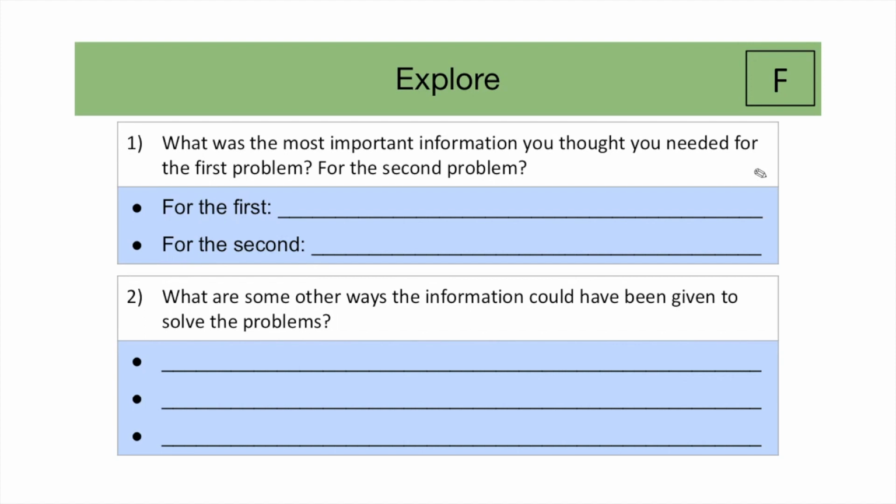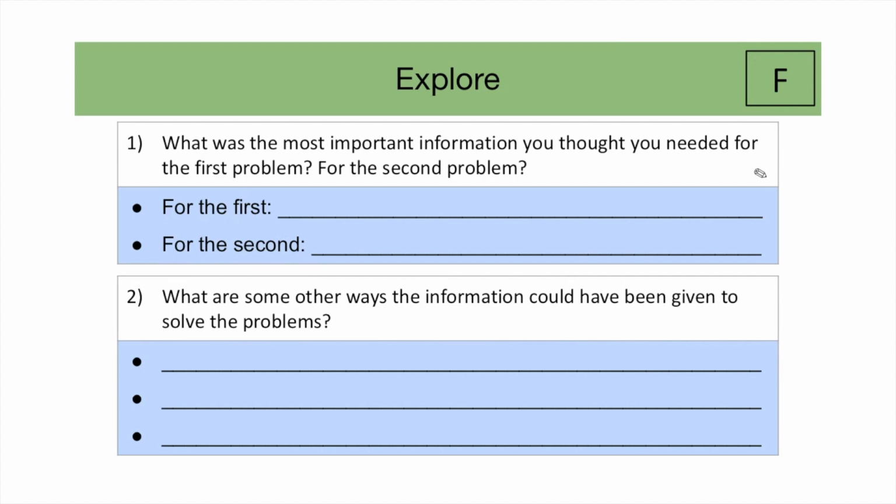For the second problem, students needed the scores, which helped with determining the mean and the MAD. The second question asks, what are some other ways the information could have been given to solve problems? For the first question, instead of characteristics, a box plot could have been presented. For the second question, it could have been a dot plot or characteristics like presented in the first situation.